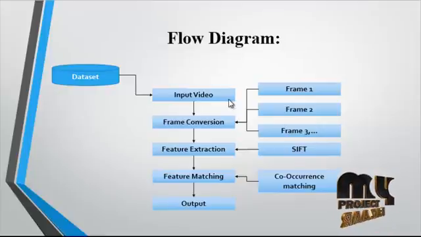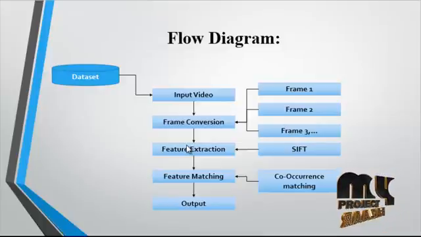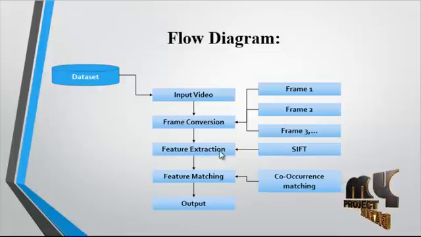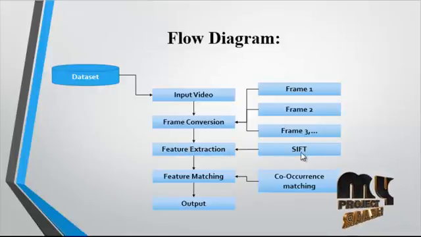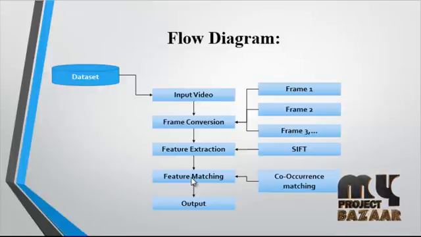After converting the video into the sequence of images, the feature is extracted from each frame. For the feature extraction, we use the SIFT feature extraction method. After extracting the features from the frames, the feature matching is done. The feature matching is done using the co-occurrence matching.